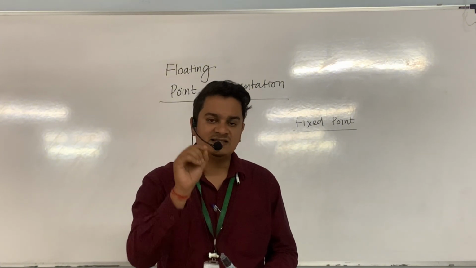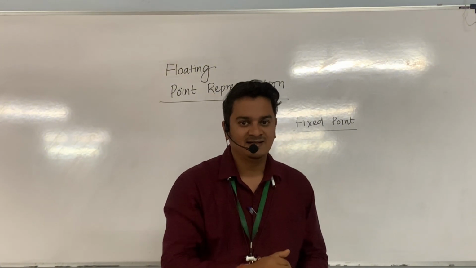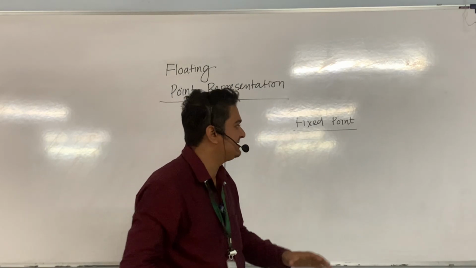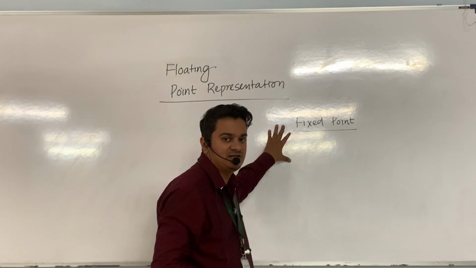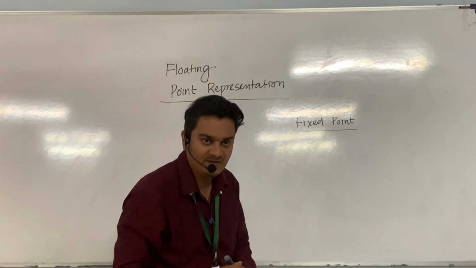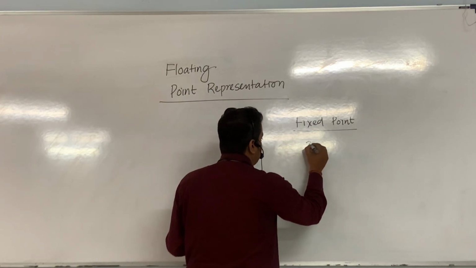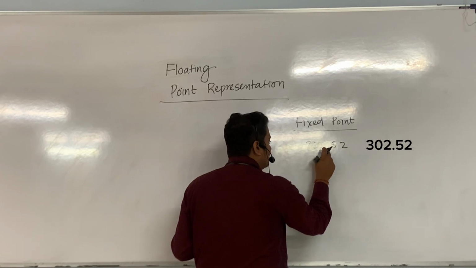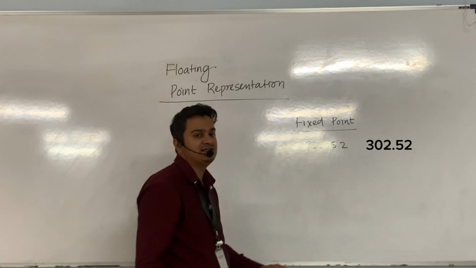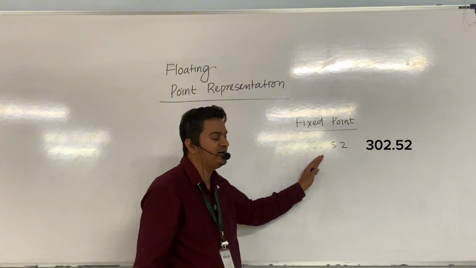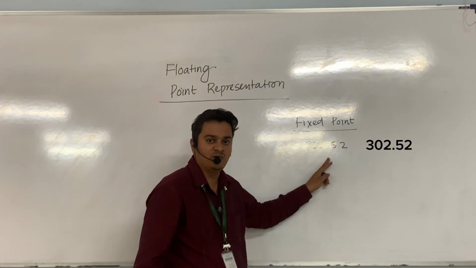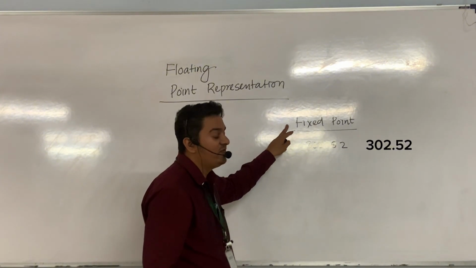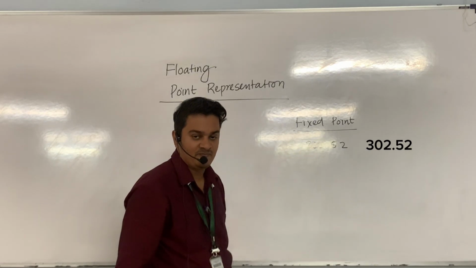Now if the decimal point is fixed, then that particular representation is called fixed point representation. For an example, I am writing 302.52. The decimal point here is fixed. That means there is no alteration, no variation of this decimal point. That's why it is called fixed point representation.